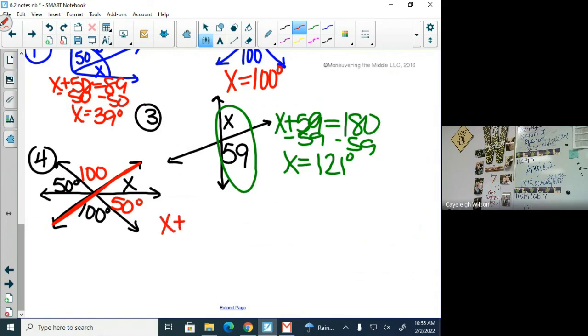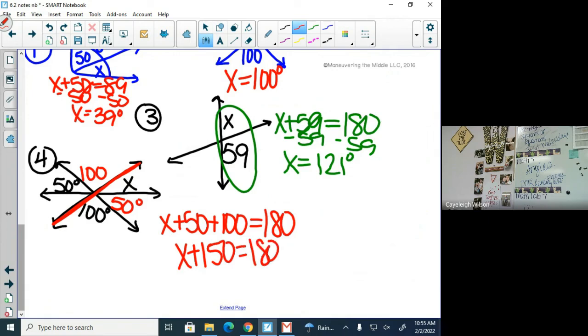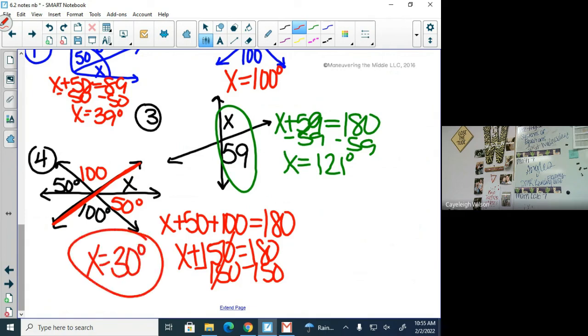So x plus 50 plus 100 has to be 180. So that's x plus 150 equals 180. Subtract 150, and I know that my other angle must be 30. I got that. Good.